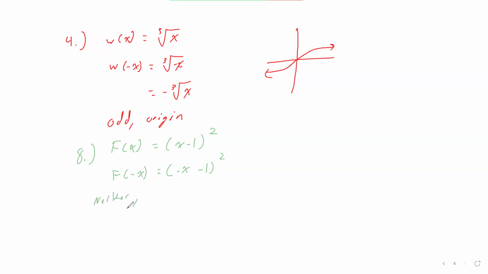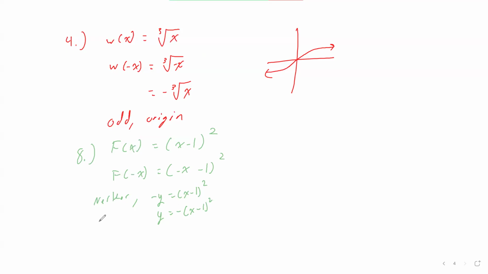The only way to really determine if this is reflective over the x-axis is if I replace this with a negative y. So if I say negative y equals x minus 1 squared, to solve for y I would then multiply by negative. That would make this a negative x minus 1 squared, but I want the original function. This will change all of the function.